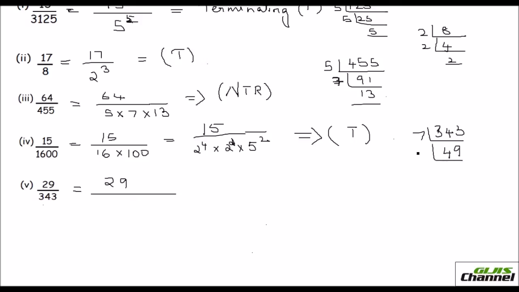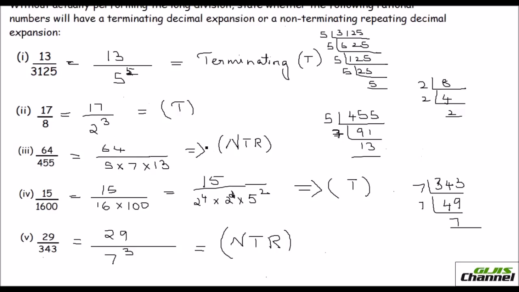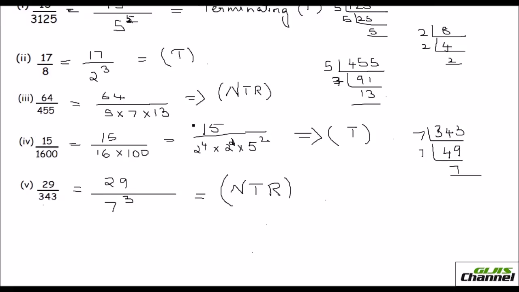Again you can divide by 7. So that's 7. So here you can write it as 7 cubed. So it is non-terminating and repeating decimals. Okay. So we are done with this.